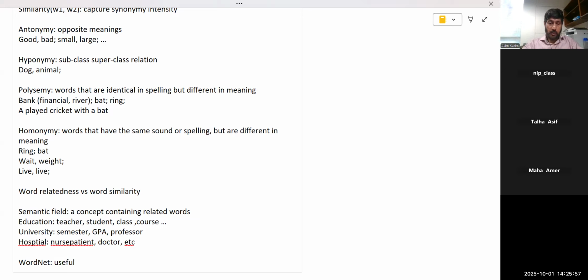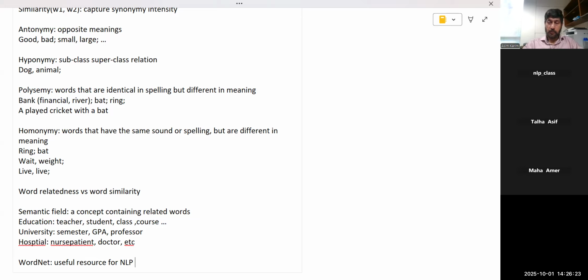5-10 years back, we used to teach WordNet in quite some detail in NLP courses, but now its usage will be somewhat lower, so we don't talk about it in much detail. Okay. So WordNet is a very popular resource for NLP, and of course it is available for different languages.